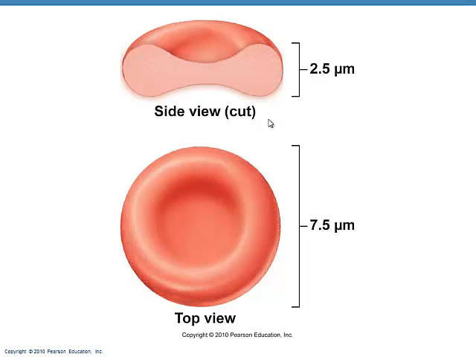They contain hemoglobin molecules. And if I take a drop of blood, here's another thing that's going to be confusing through this chapter. There are what we call normal values for all blood components. And the numbers are changing all the time. So I go from one diagram to the next diagram, and the numbers change.